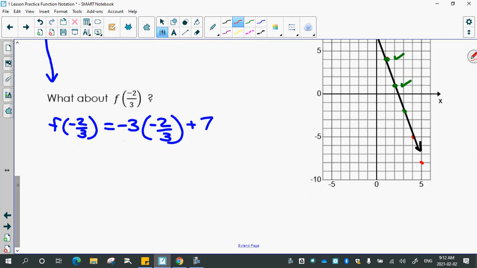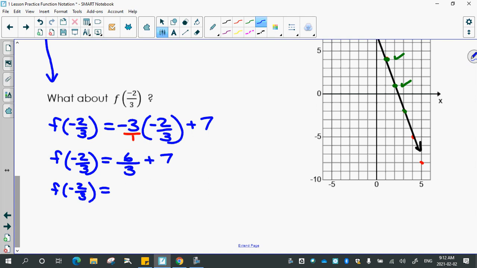If you forget, you change the whole number to out of 1, and you multiply the tops together and the bottoms together and reduce. So that's going to be positive 6 over 3. Six over 3 is actually 2. So f at negative 2/3 is actually 9.